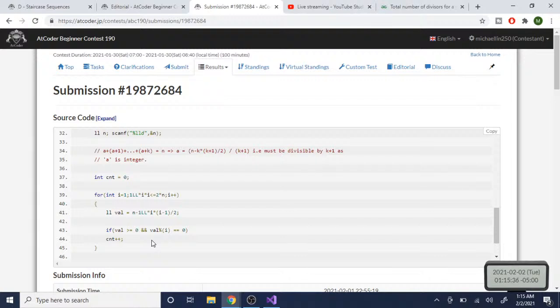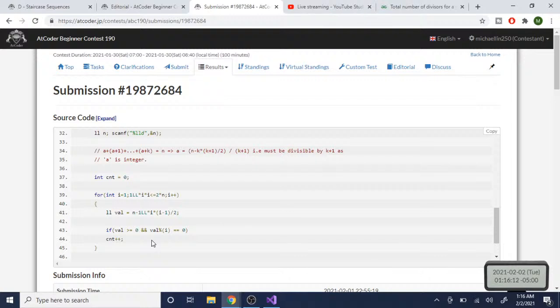If it's divisible by I, and the value is greater than or equal to 0, then you could say count plus plus. Summation of a to a plus k, that's what it equals to. Oh. I times I plus 1 over 2. A plus 1, a plus k. Therefore must be divisible by I. This is genius. I think this is a better way.